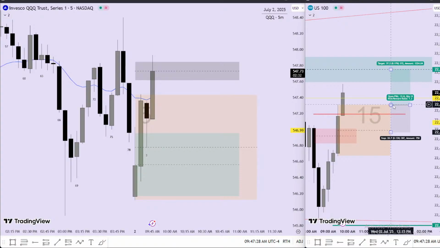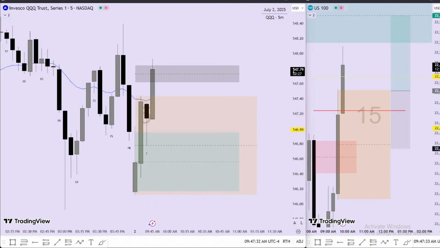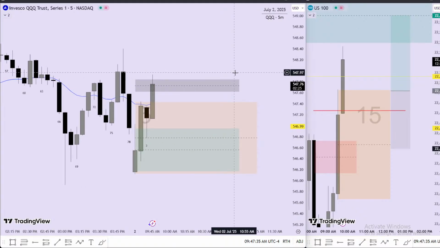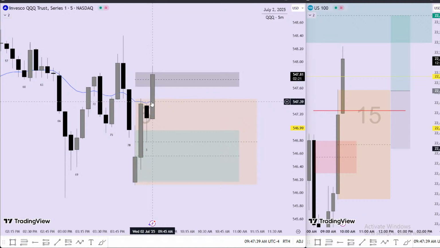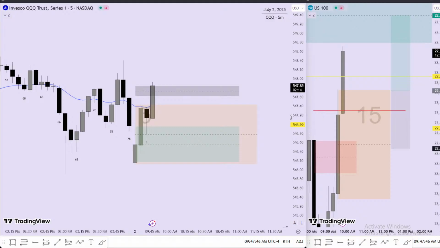Risking 28 to make 37. Still, I'm with one fifth of my lot size because this is a low probability criteria. I need a closing above the moving average for me to basically add into my longs.